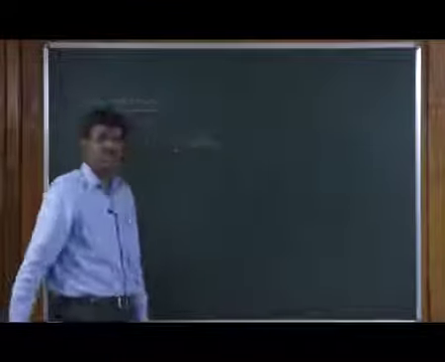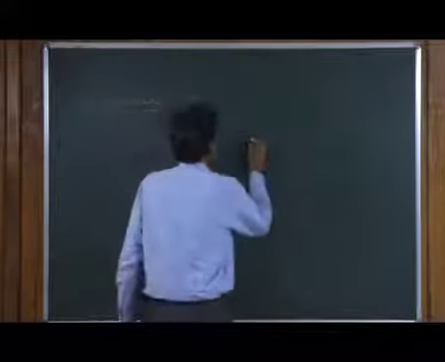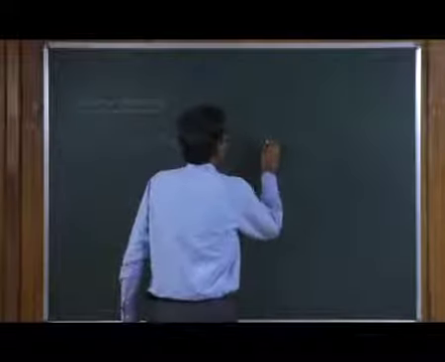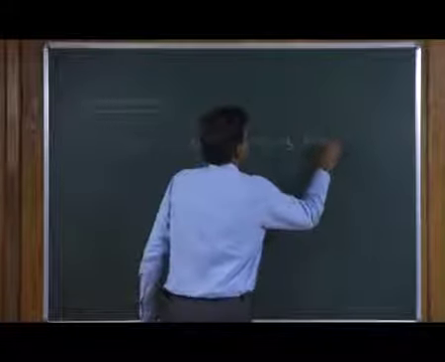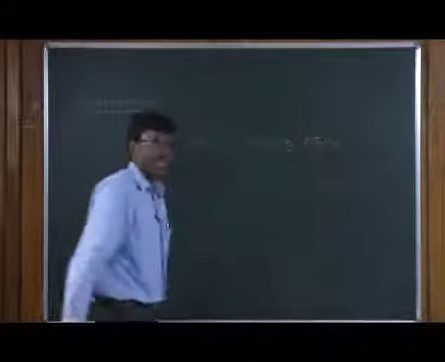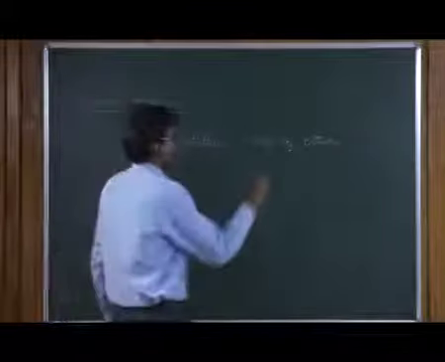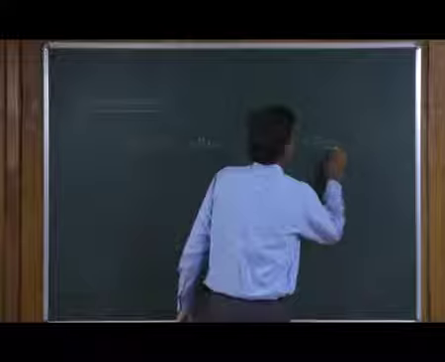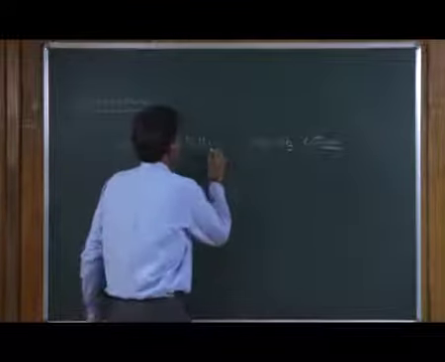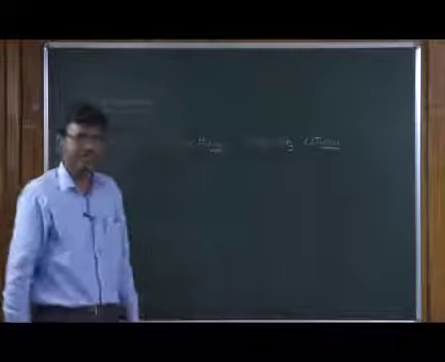If you look at the corresponding alkane, already we have studied as ethane, and what has been done here, this ane has been replaced by ene in the case of alkene.